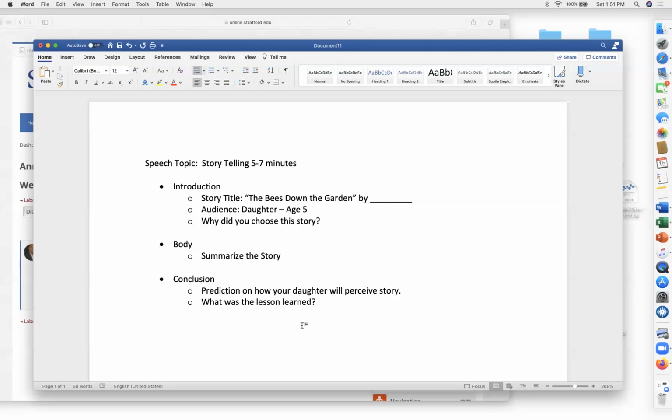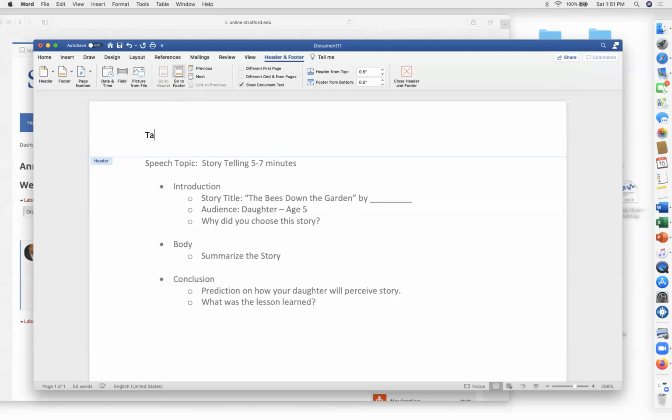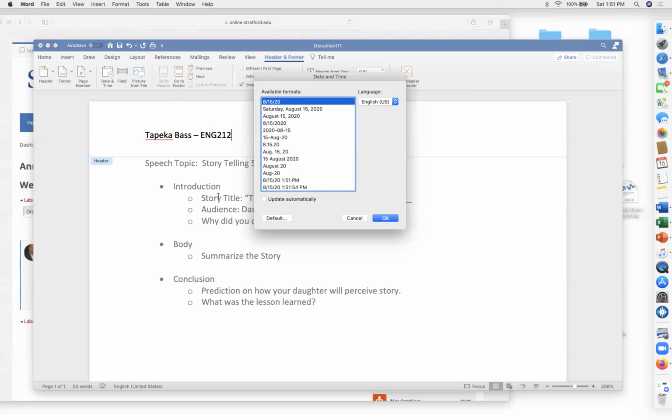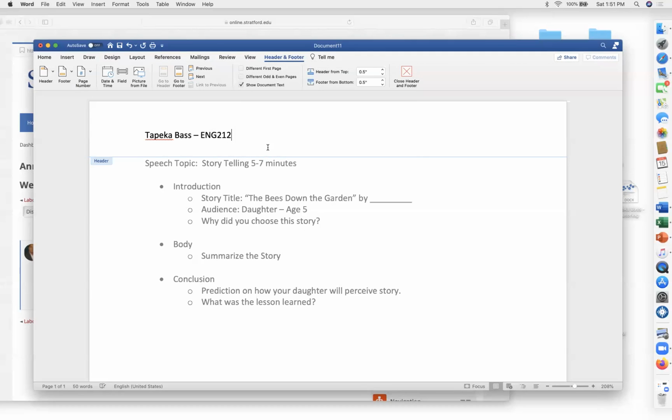All right, so I could send this to you as well. You could take it and expand it, and when you submit things, always have your name inside the document itself. I like putting it up here in the header. You double click on this top part and you can put your name, and then what is this, English 220? Yeah, 211. Oh, 211. And who's your professor? Chris. What's her name?